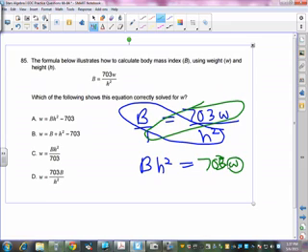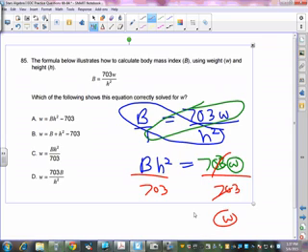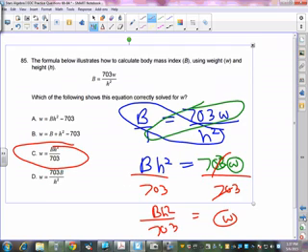We're solving for W. The last step is to just divide by 703. So W will be equal to BH squared over 703, which is answer C.